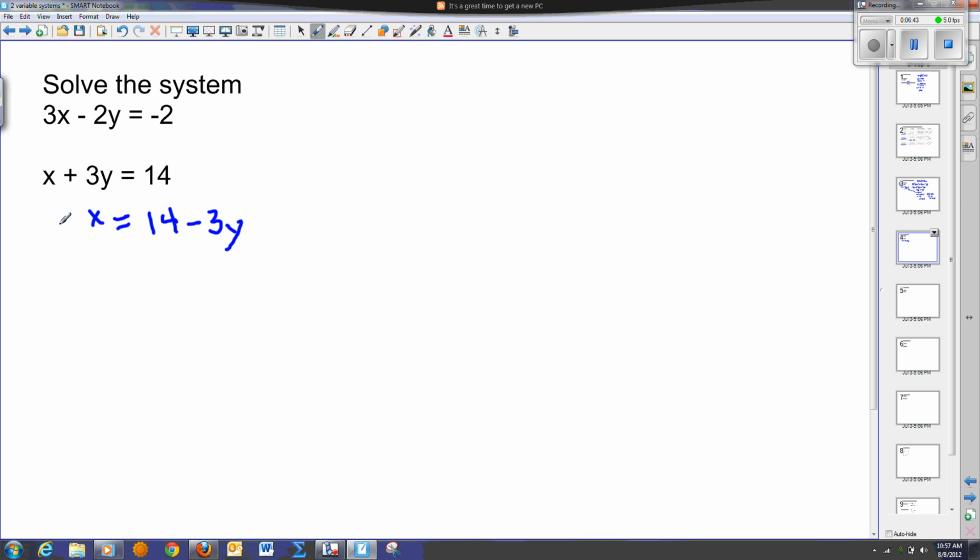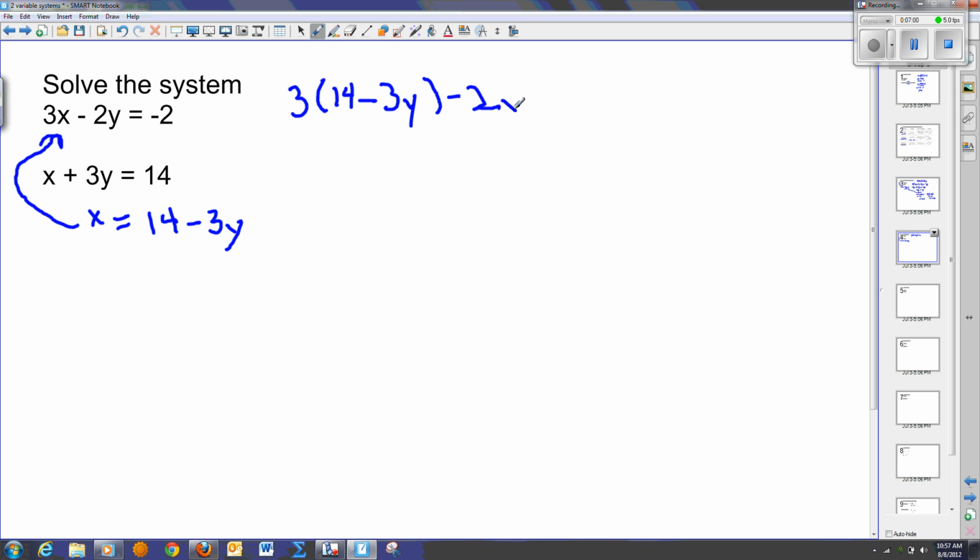Substitute the x value into the other equation for x, and I have 3 times 14 minus 3y minus 2y, having pen issues, sorry, is equal to -2.